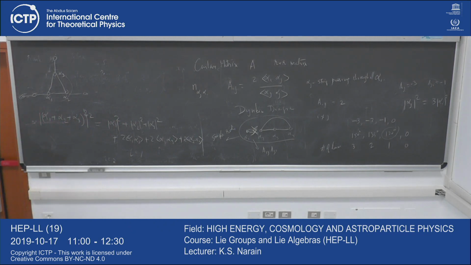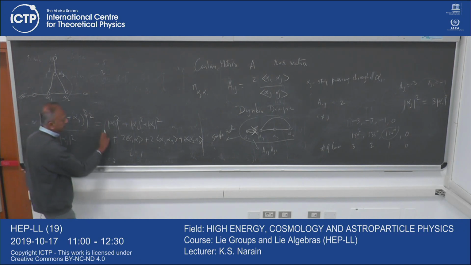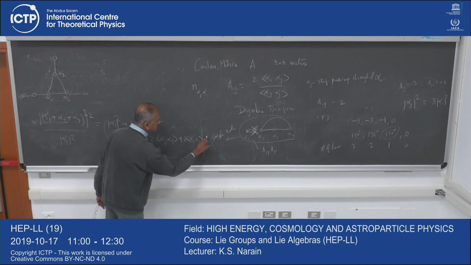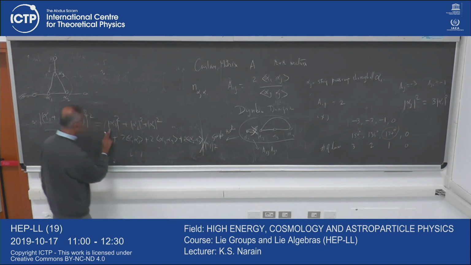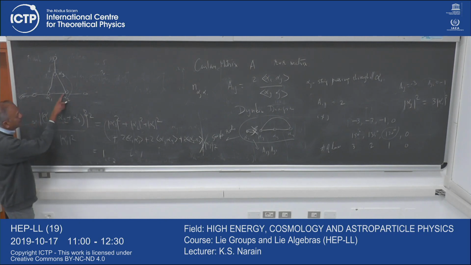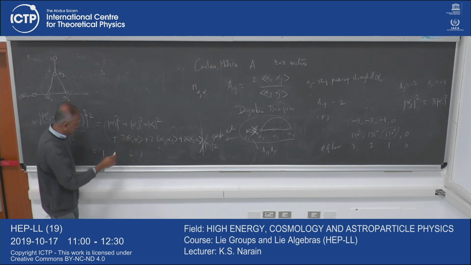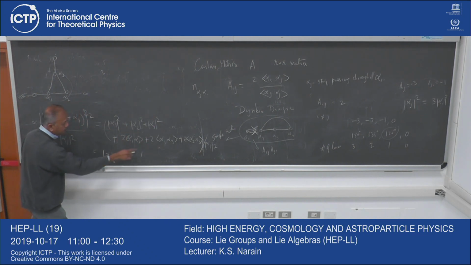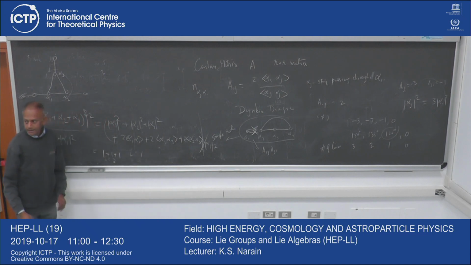Now let us divide this whole thing by alpha 1 squared. You get 1 here, but you see that the number of lines is 1, so this length is the same as that length, and also this line is 1, so this length is the same as that length. So all of these lengths are the same, so you get 1 plus 1 plus 1, because I divide by alpha 1 squared.